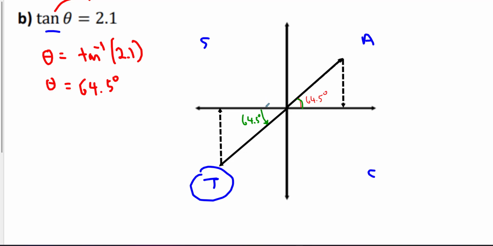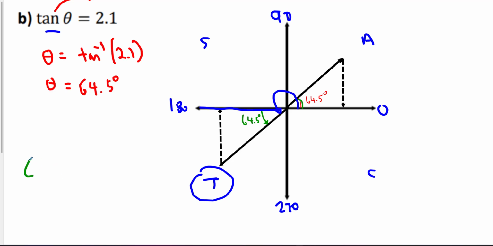So we now have to draw an angle from all the way here to here. And we know that this is 0, 90, 180, 270. We know this angle has to be between 180 and 270. And specifically, we know that this up to here is 180, and beyond that is 64.5 more.